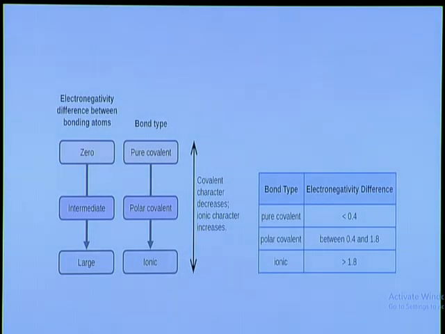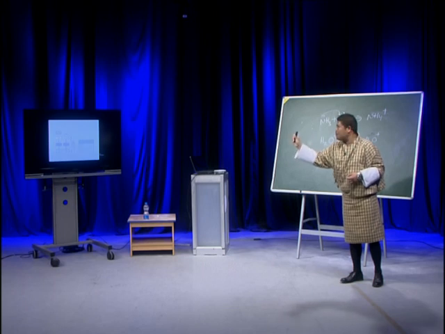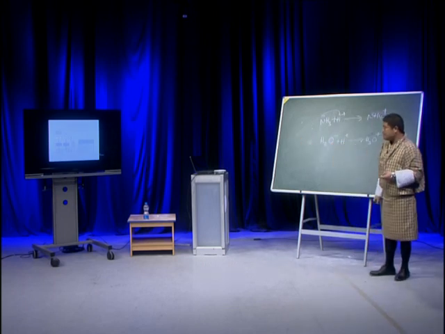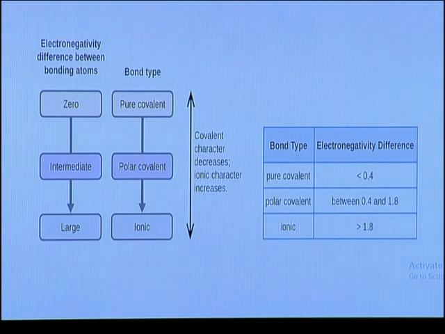If the difference of electronegativity is 0, then the type of bond formed will be purely covalent. If it is intermediate, between 0.4 and 1.8, then the bond formed will be a polar covalent bond.